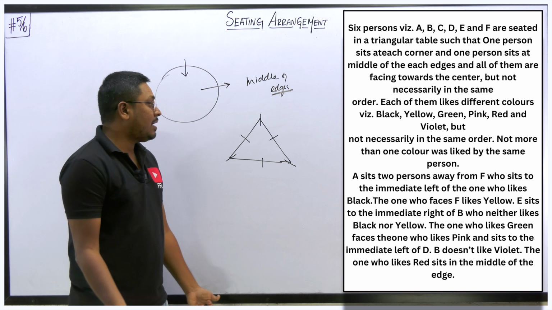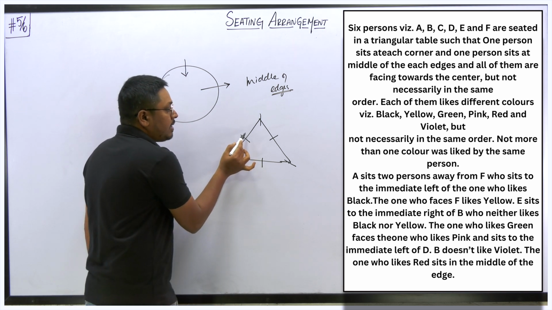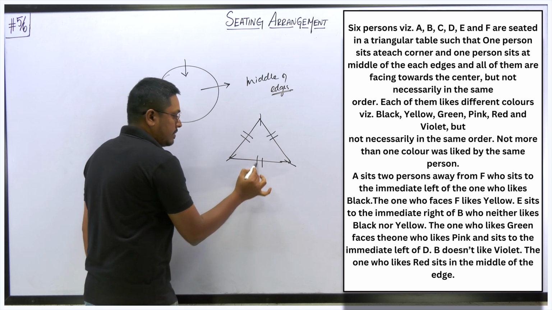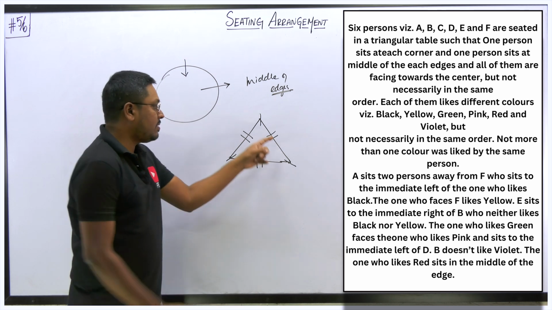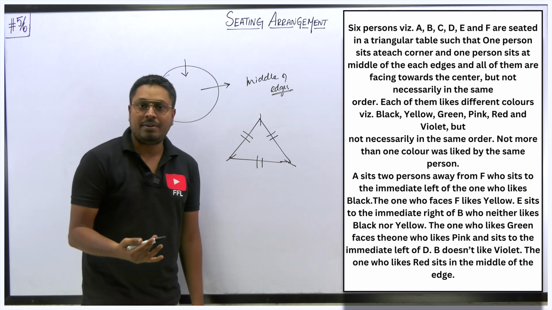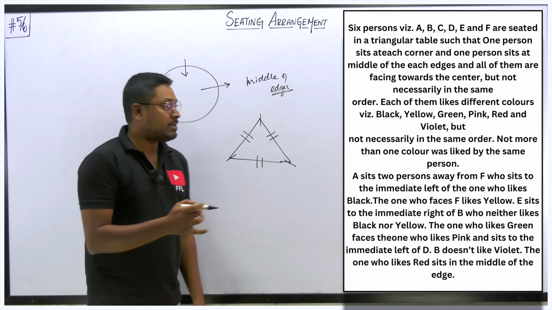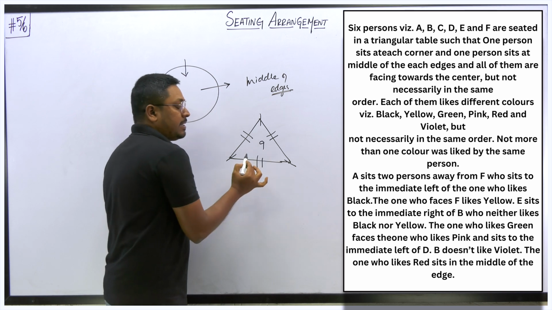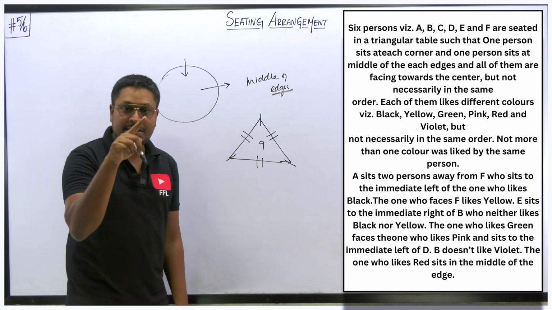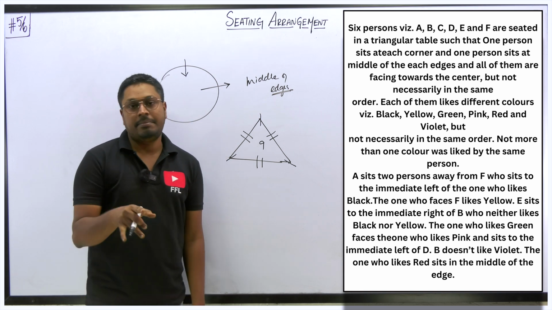Or else they can give you another type, where on the edges there will be 2 persons sitting here, right? So on this slope there will be 2 persons sitting. So be careful what type of arrangement it is. So this will be 9 persons sitting. If they are only sitting at the middle of the edges and the corners, only 6 persons will be sitting in the triangular seating arrangement.